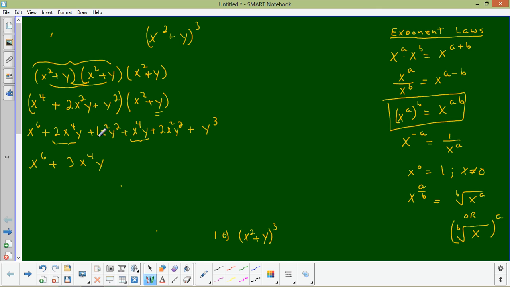And then we have 1x squared y squared and 2x squared y squared. So that gives me 3x squared y squared. And then finally, our y cube on the end. All right, so there's our algebraic expression, taking a binomial and raising it to the third power.